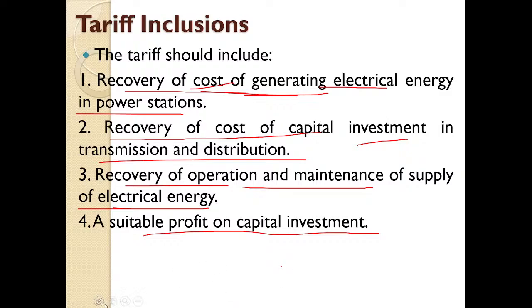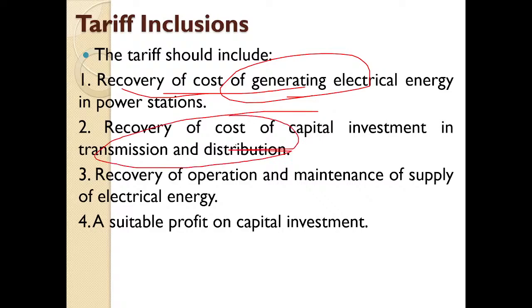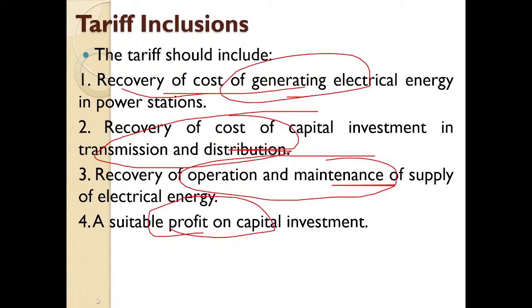So what does this tariff include? It includes how much money is spent for generation, which has to be recovered. How much money is spent for transmission and distribution has to be recovered. How much money is spent for operation and maintenance has to be recovered. And some profit is also expected.